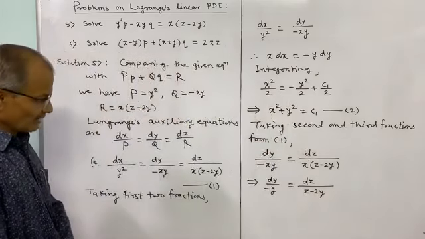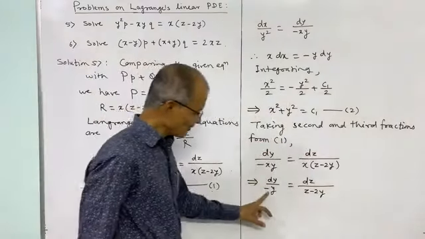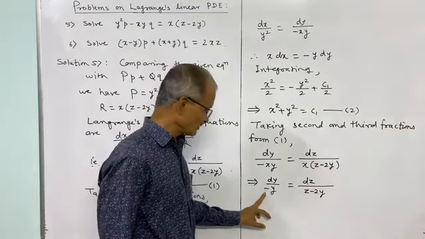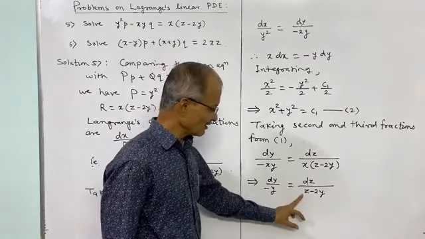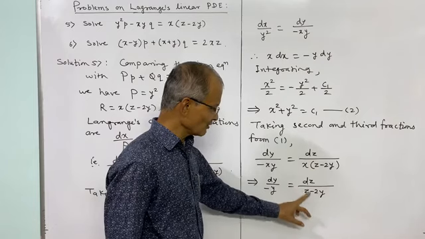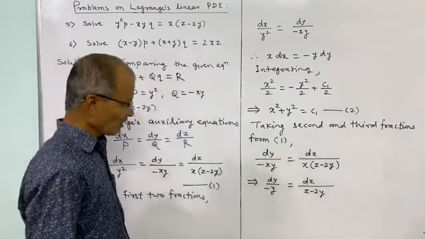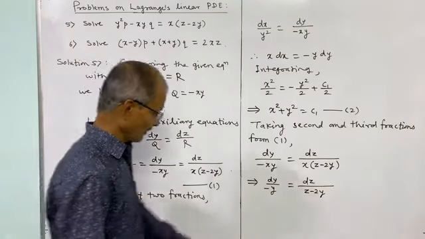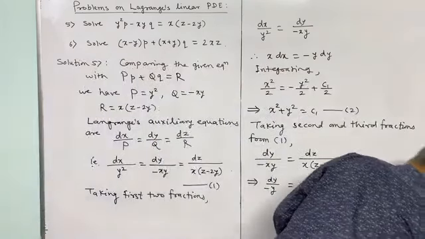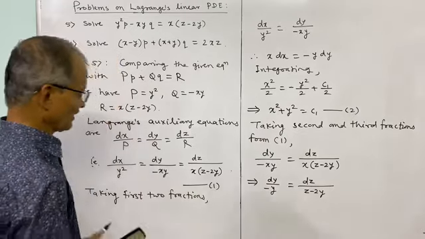Now what can be done here? So this is in separable variable form, but we can't integrate it directly because this involves y, and therefore we have to express it in a different way, and for that purpose we shall write dz by dy.